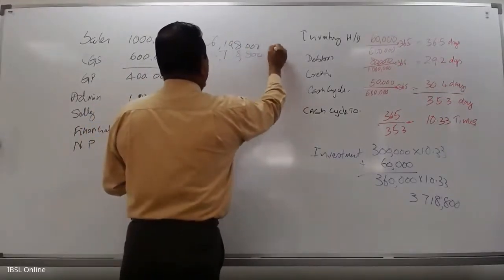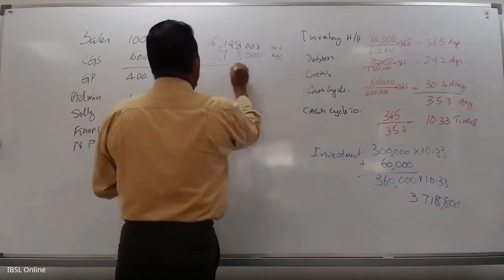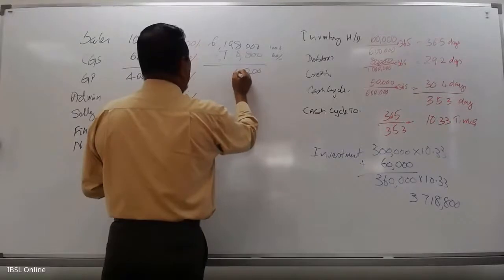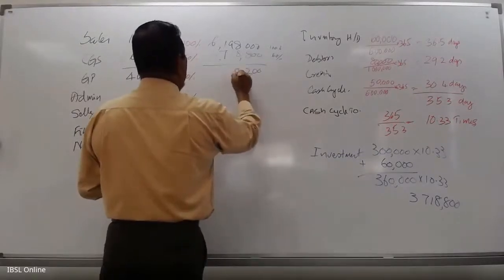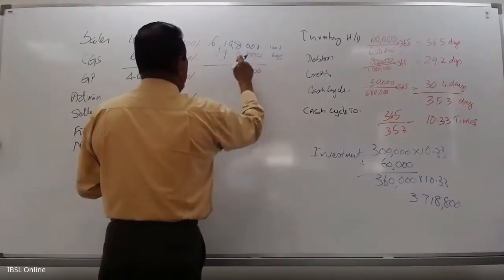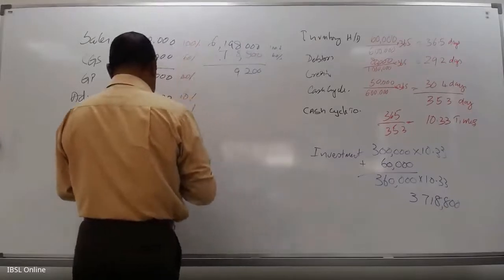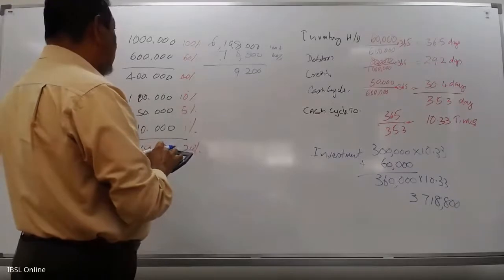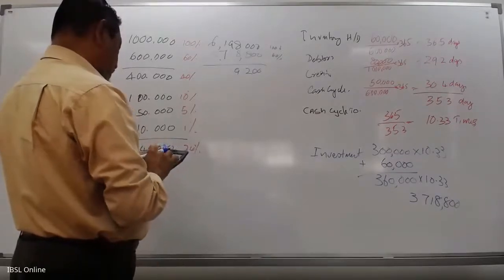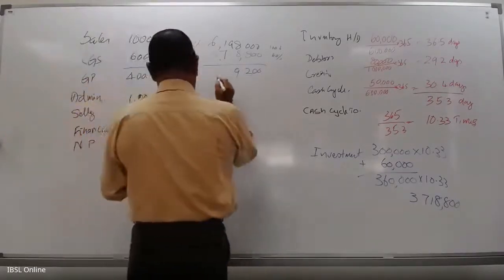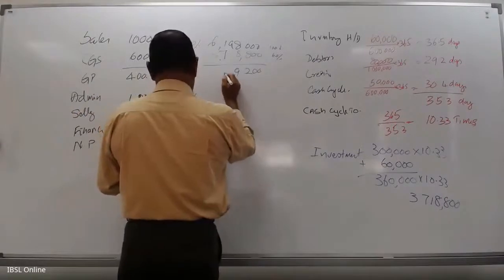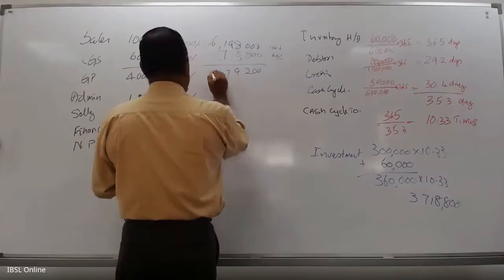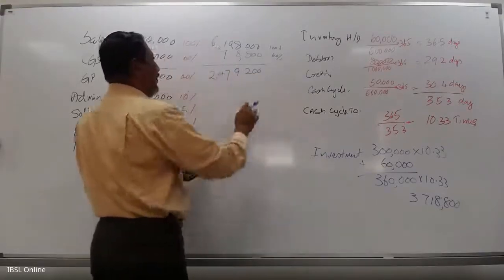This is 100%. And 40% will be 2,479,200.